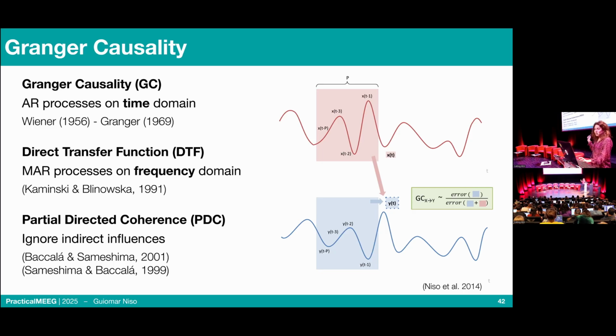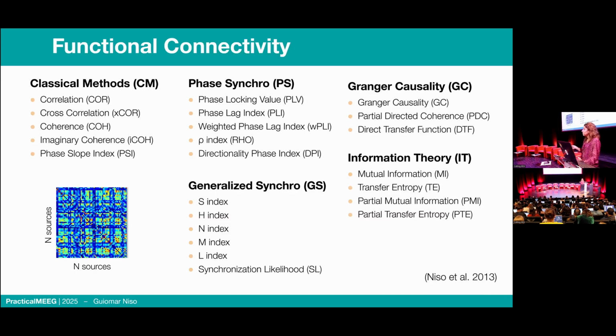I will show you why this partialization is important, the same as we did to remove the zero-lag synchronization. Sorry, the animation goes a bit disorganized. There are many metrics. These are the ones that I gathered in 2013, and there are many more that are being used.